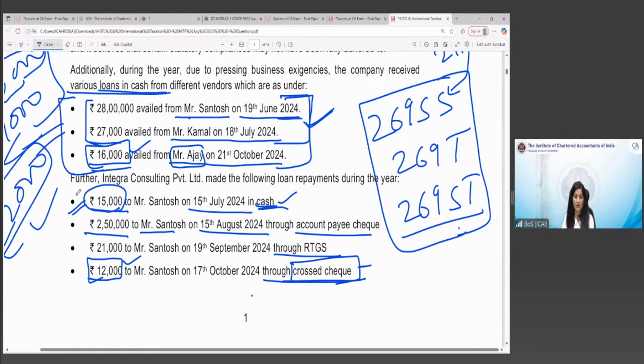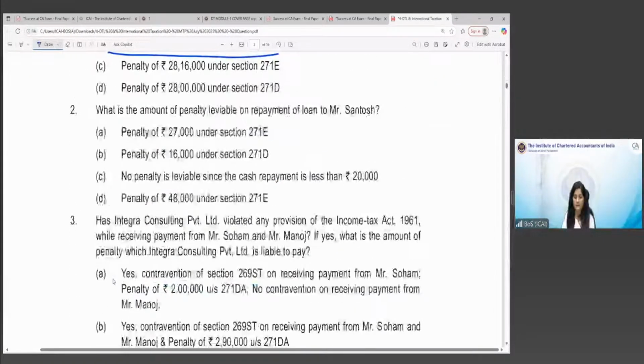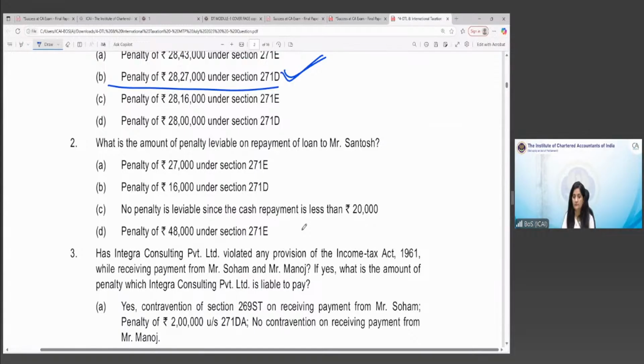That is relevant. So accordingly, both 15,000 and 12,000 will get attracted. And what is the relevant provision then? What is the relevant provision here? 271E D.